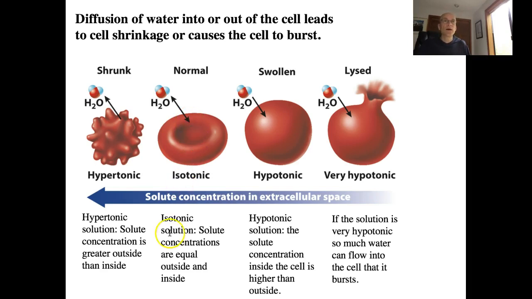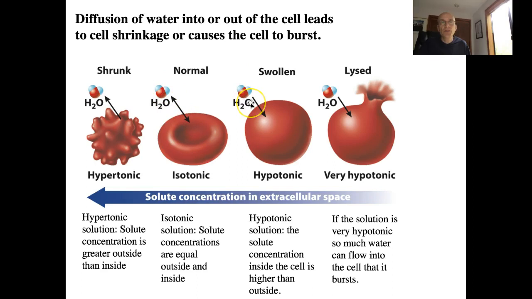That's why isotonic sport drinks provide a level of electrolytes, essentially dissolved salts and sugars, that will have the same concentration as what is inside a cell. And here the isotonic solution would be inside and outside, same concentrations.